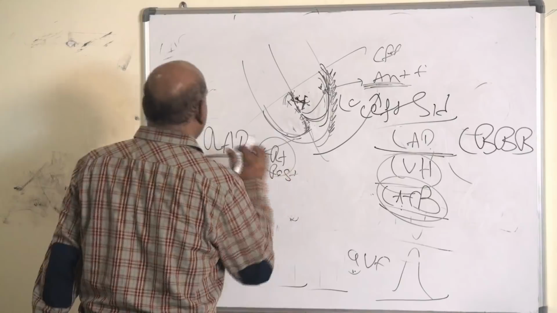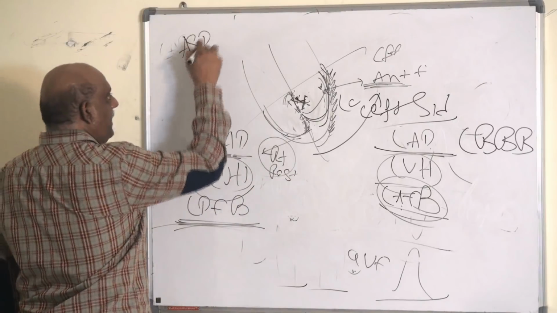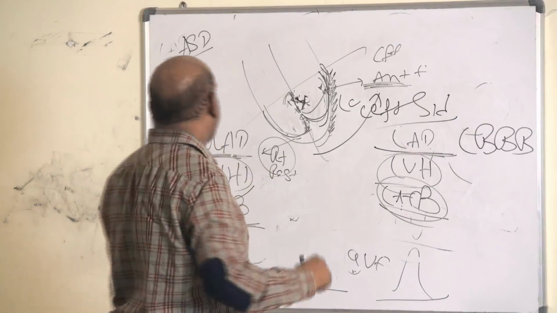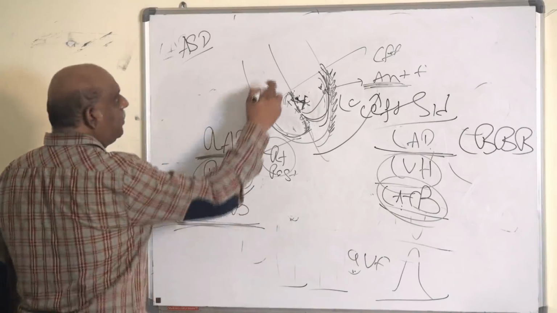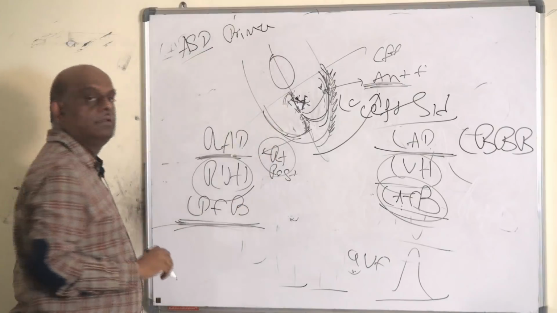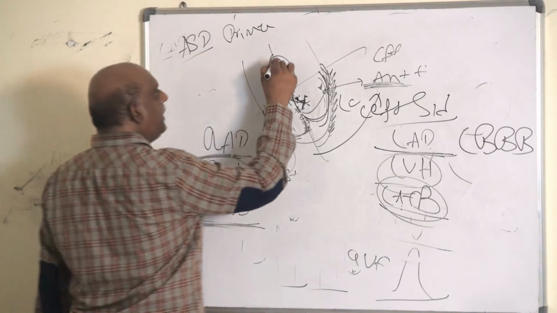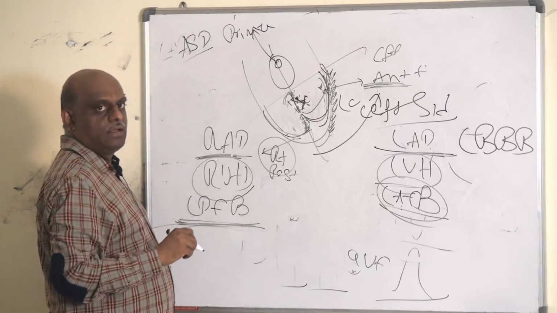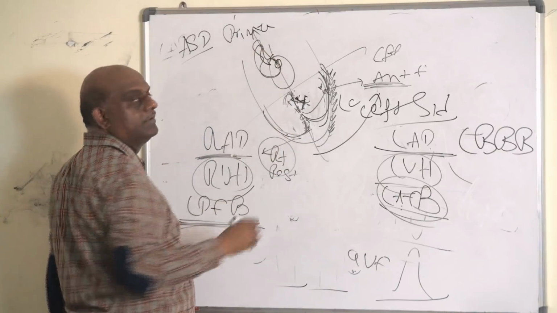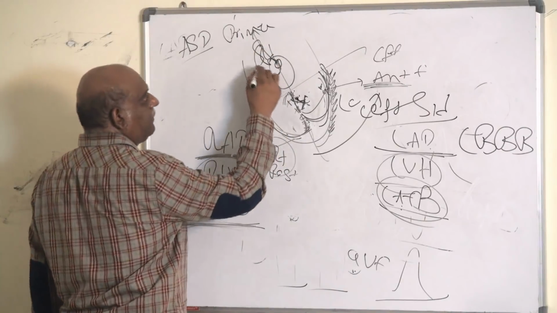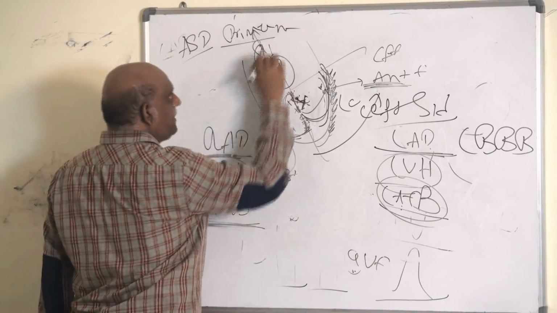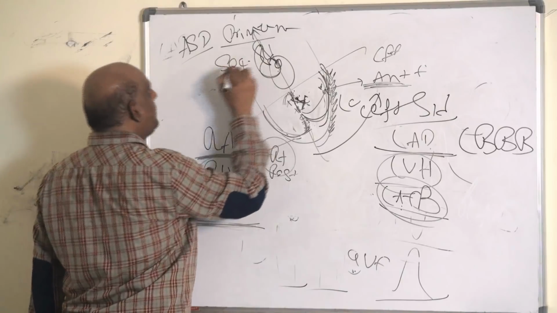Agreed? Now, ASD is a favorite MCQ in the NEET PG exam. There are two types of ASD: primum and secundum. The original hole is primum. After that, there is another covering that will come which will close the secundum. So primum defect and secundum defect are the two types.